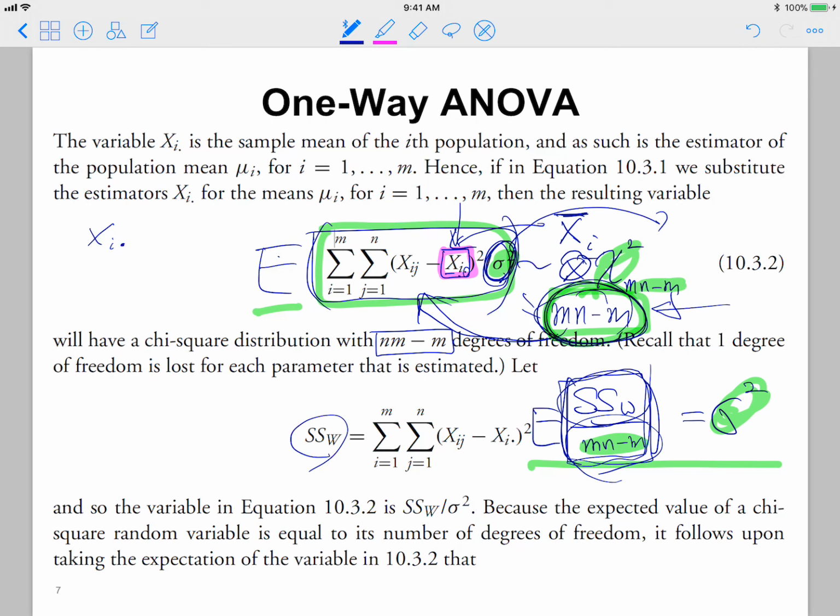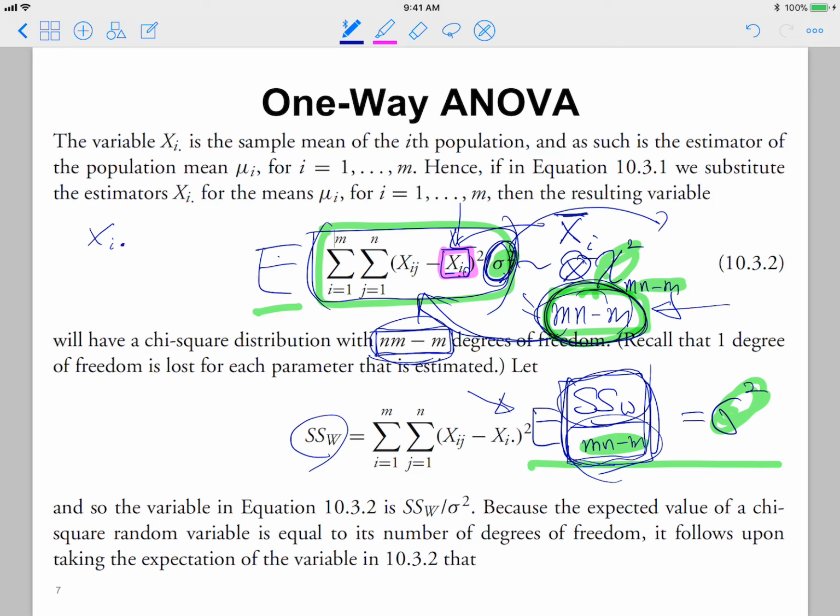Last time we saw that the chi-square distribution has a mean value equal to its degrees of freedom, so the mean value will be nm minus m.